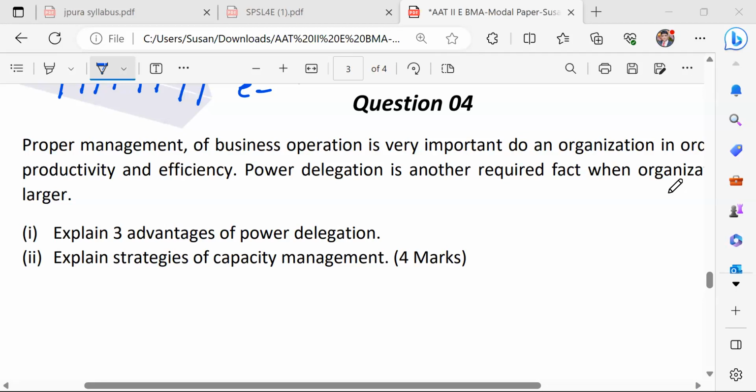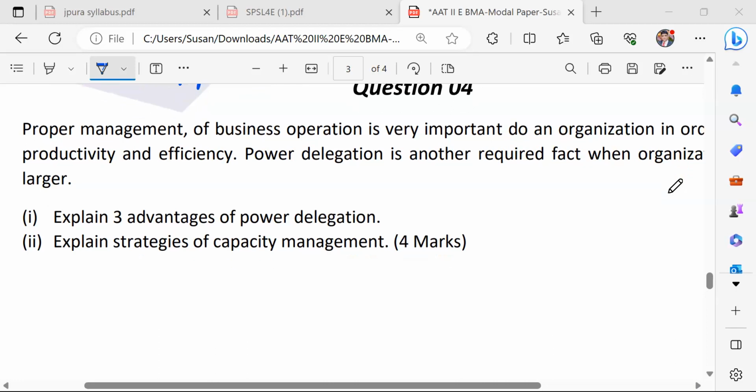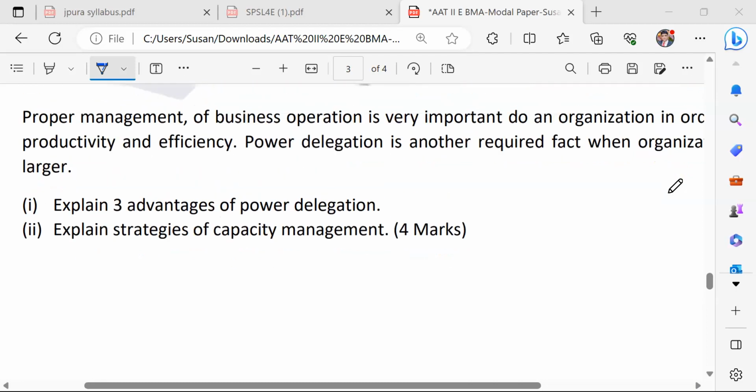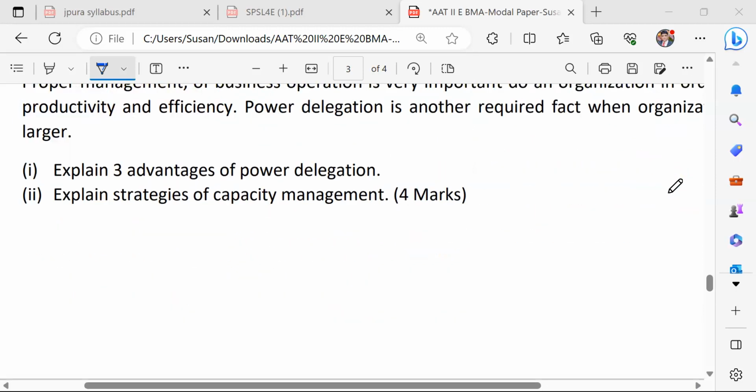You have to explain these 3. Explain strategies of capacity management, right? You are supposed to list them and you get 3 marks for listing, and for explaining the others you get altogether 6 marks allocated for question number 4.